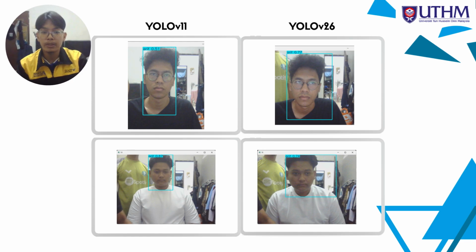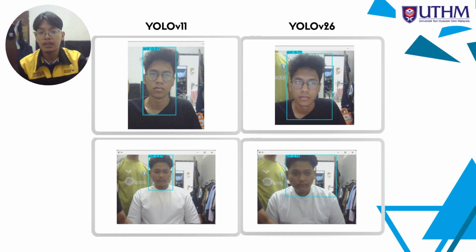However, when we look at the top right, YOLO V26 also suffered the exact same misclassification, labeling him as Arif. So this indicates a highly similar facial feature boundary between these two individuals that confuses both networks.